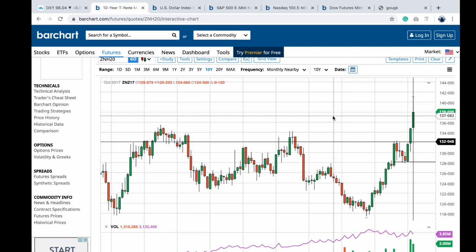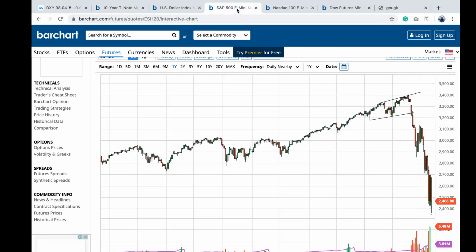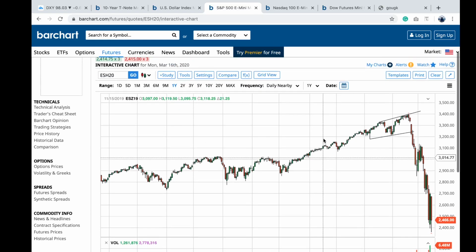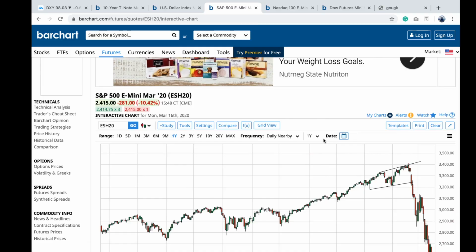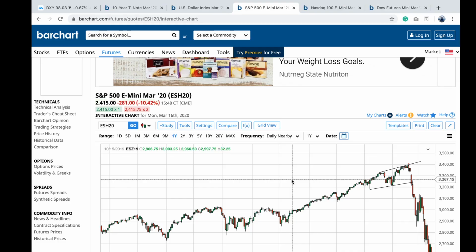Now, going to stocks, the stock market. Okay, so now if you want to track smart money investments in the stock market, what you want to do is look at the three major stock market indices. I'm talking about the S&P 500, the Nasdaq, and then the Dow Jones. Okay, normally if S&P 500 is moving one direction, you want to see the other two move the same direction.